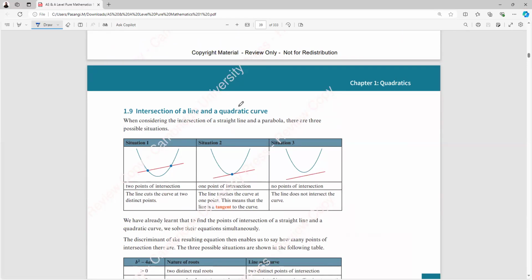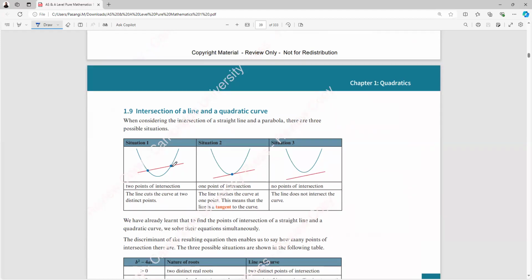The last one, 1.9, is the intersection of a line and a quadratic curve. Here it's the same thing we called earlier. Earlier we talked about roots, but here we don't have roots. We are talking about the intersection of the line and the curve, and there we also have three types.